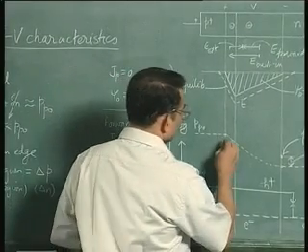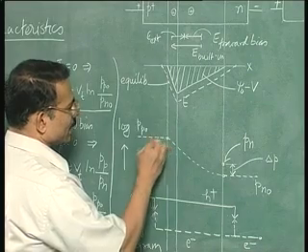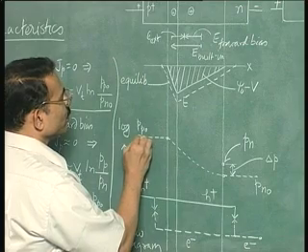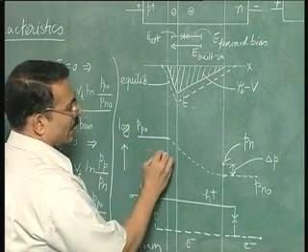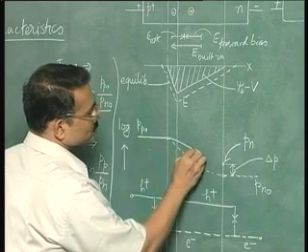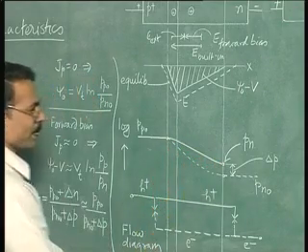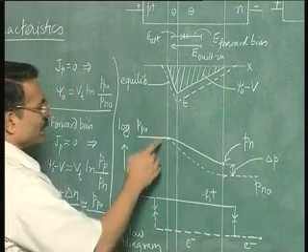So based on these arguments one can plot the hole concentration under low level at forward bias as follows, something like this within the depletion layer and on this side.